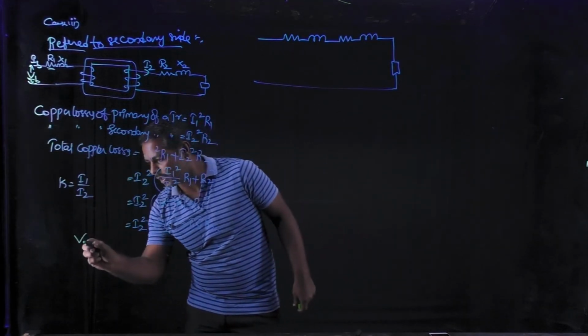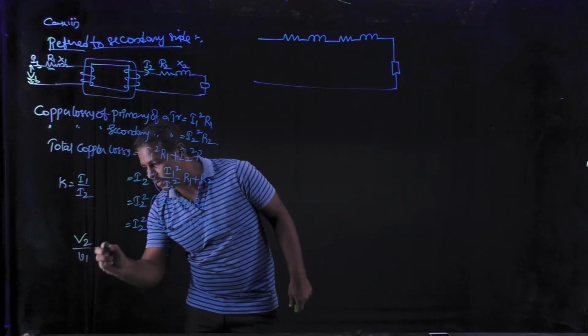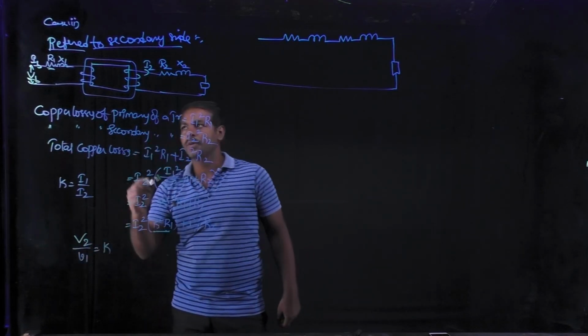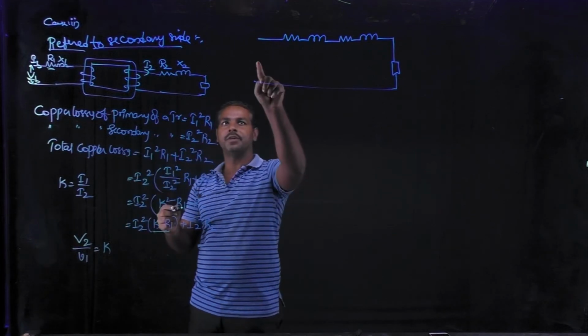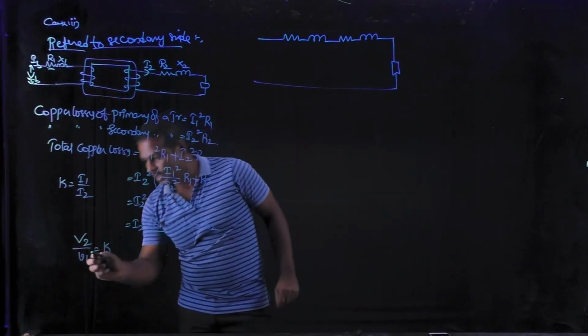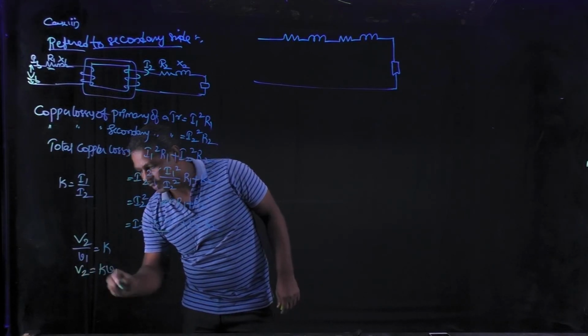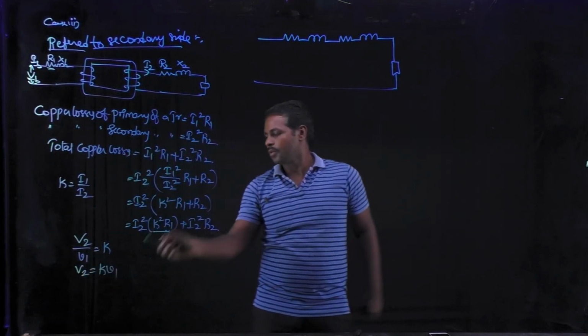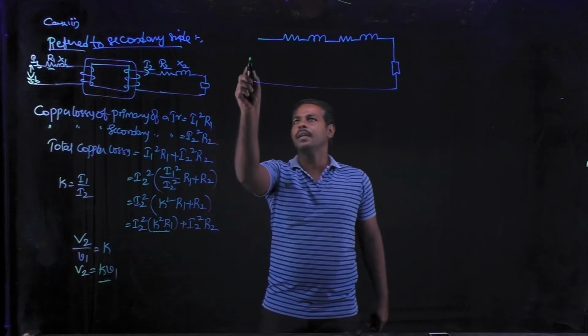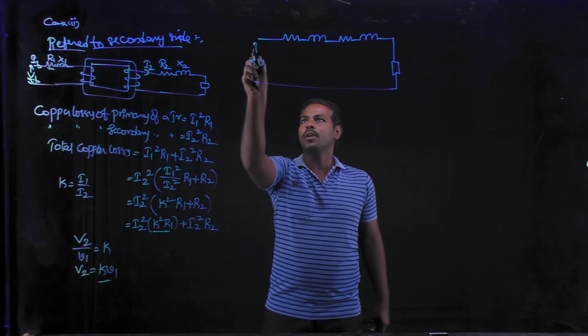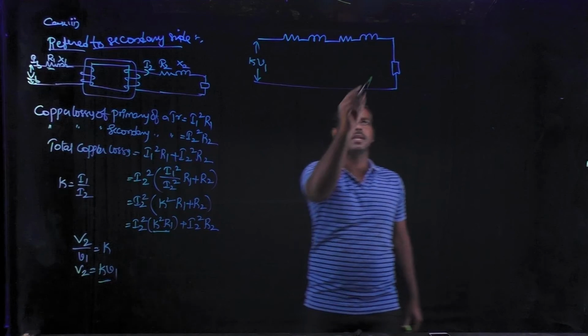So V2 divided by V1 is equal to K. So we are calculating the value of V2 in terms of V1. So V2 is equal to K into V1. In this, we are replacing it with K into V1 across the voltage.